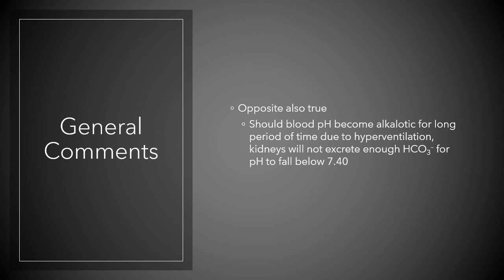Another general rule of thumb is that the opposite is also true. If the blood pH is alkalotic for a long period of time due to hyperventilation, the kidneys will not get rid of enough bicarb for the pH to fall below 7.40. Generally, they come just into normal range, to 7.45 or 7.44.